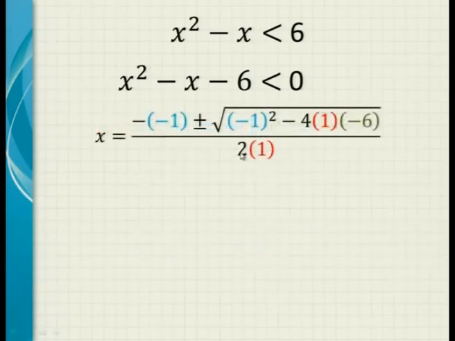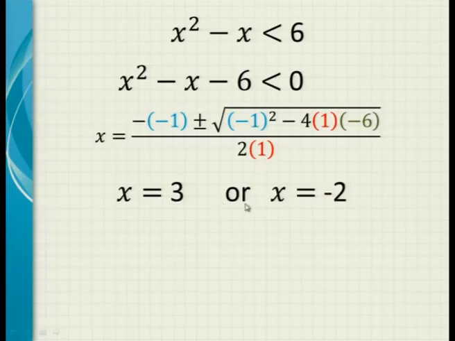So we've got the formula, we've substituted, and then we work out the values for x. This plus and minus sign ensures that we normally get two values for x. So we get x equals 3 or x equals minus 2. That will be the answer for this.